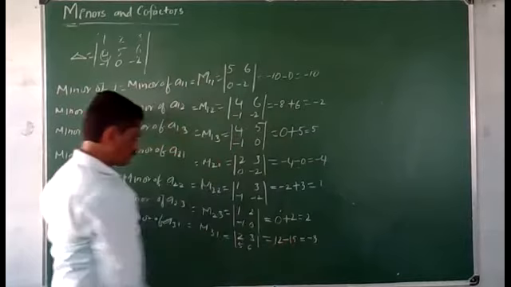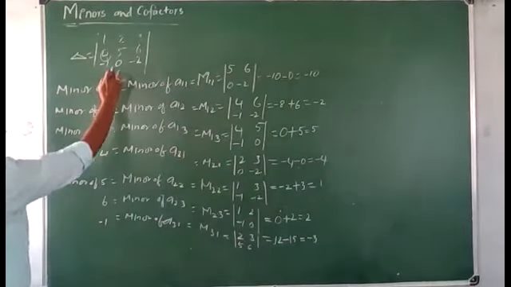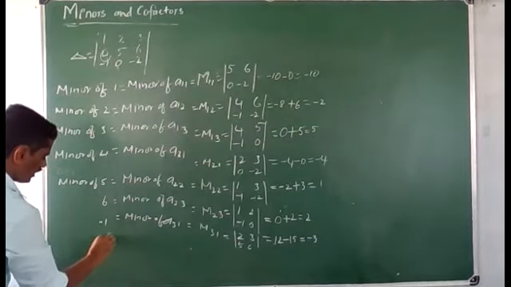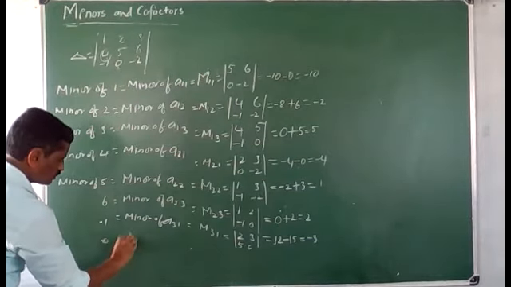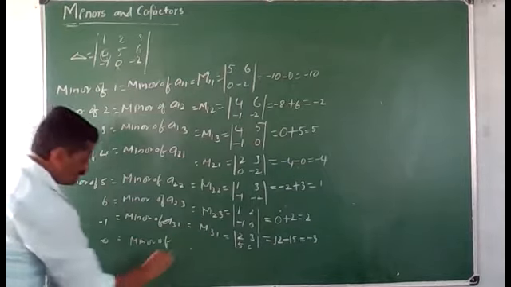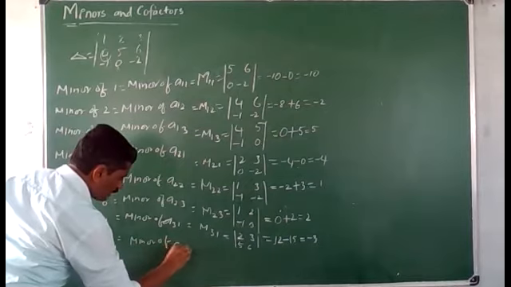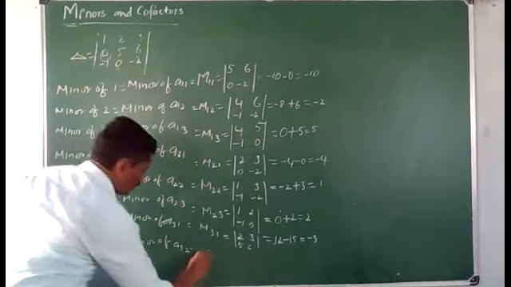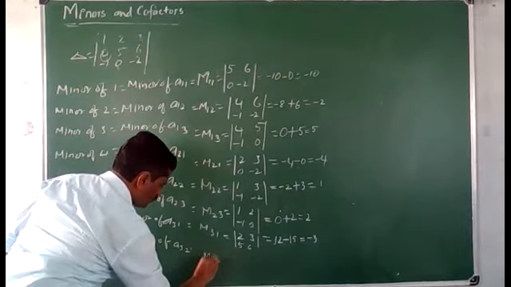So 12 minus 15 gives -3. Next similarly, minor of 0. General minor of 0 is equals to the minor of the element A32, the third row second column element, that is equals to M32.